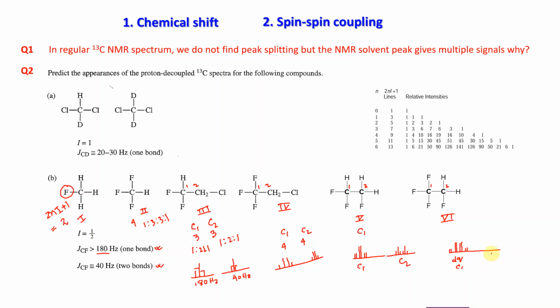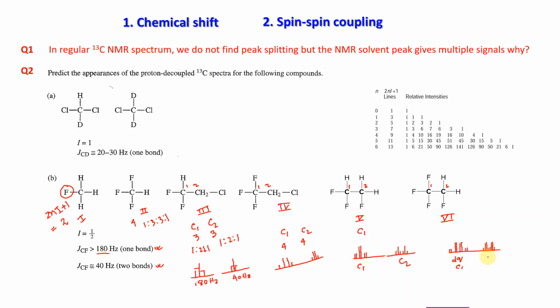C2 will be, you have single bond connected first, so you will have a doublet first, then you will have a quartet. So quartet of doublets, which means you have 2 doublets at the initial situation, and then each will be split into a quartet.